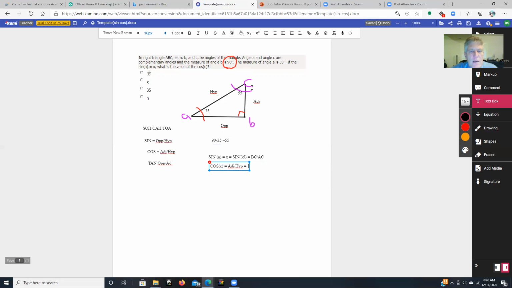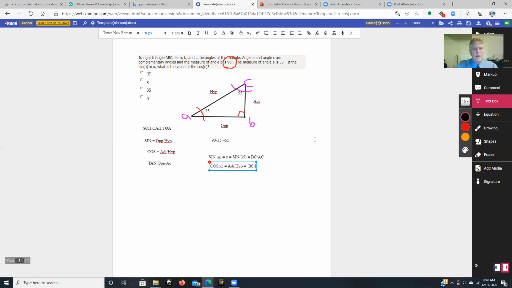For this angle, we've got adjacent, which is BC, divided by the hypotenuse. The hypotenuse did not change because it's always going to be opposite the 90-degree angle.